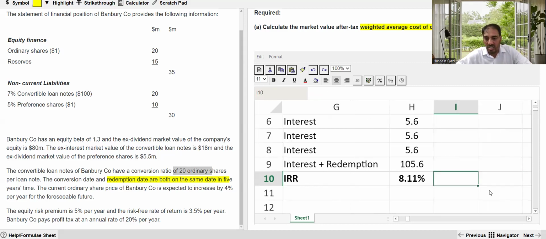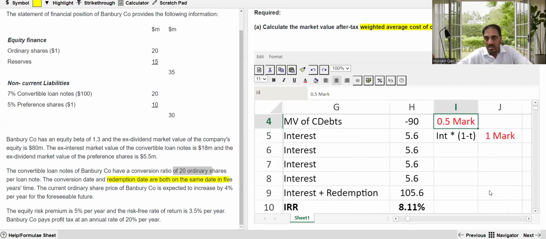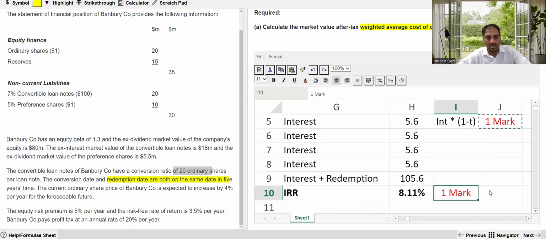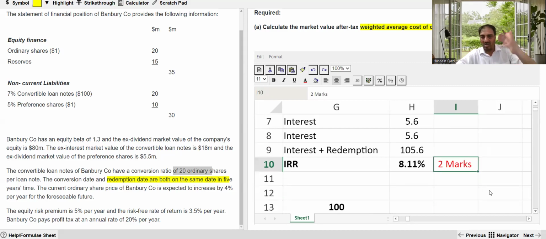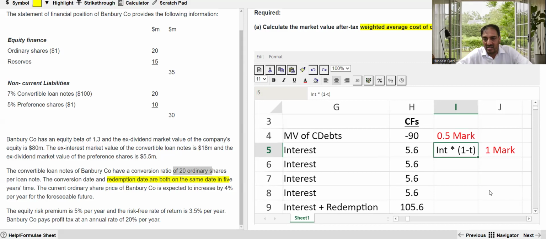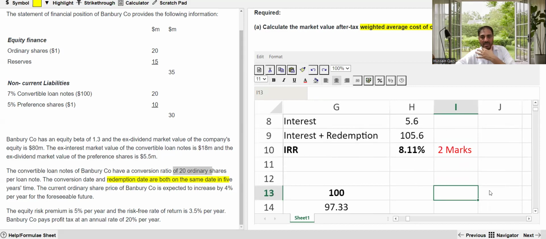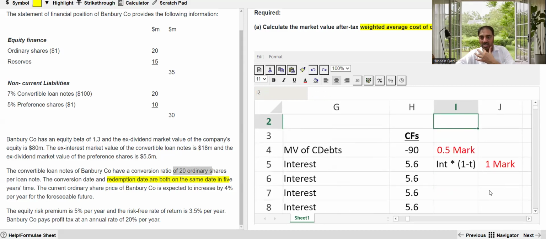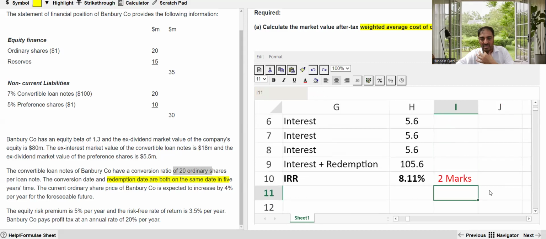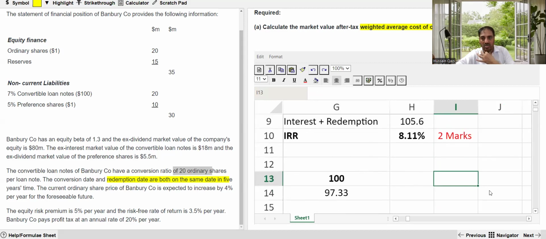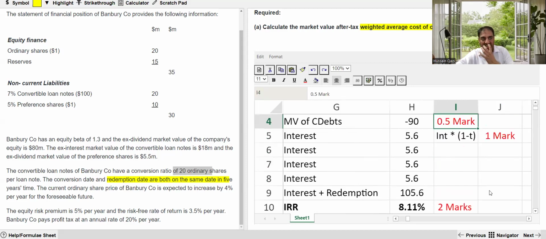If you calculate with the shortcut formula, you will be able to get 2 marks with this IRR. Don't use the trial and error method, use the shortcut method.